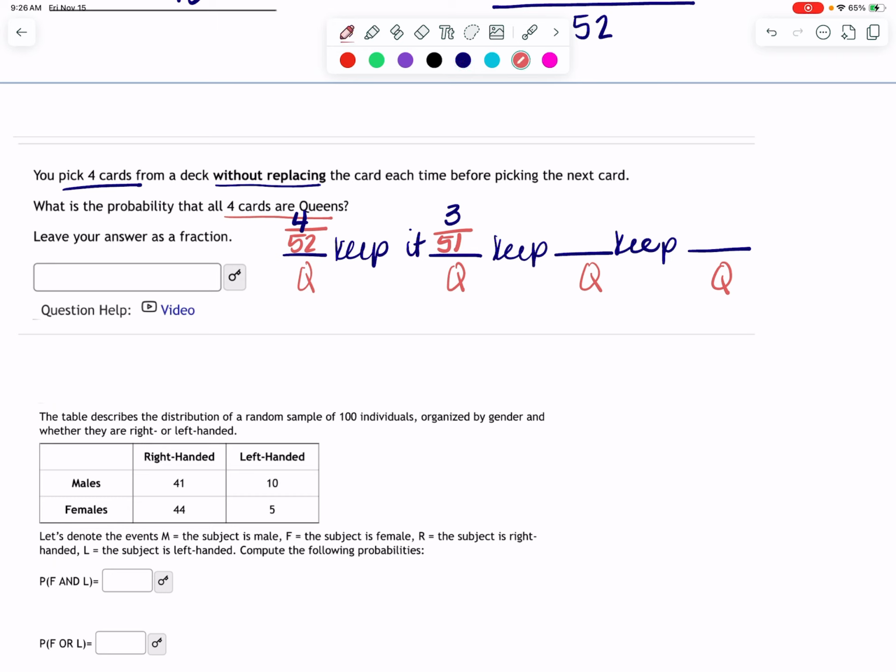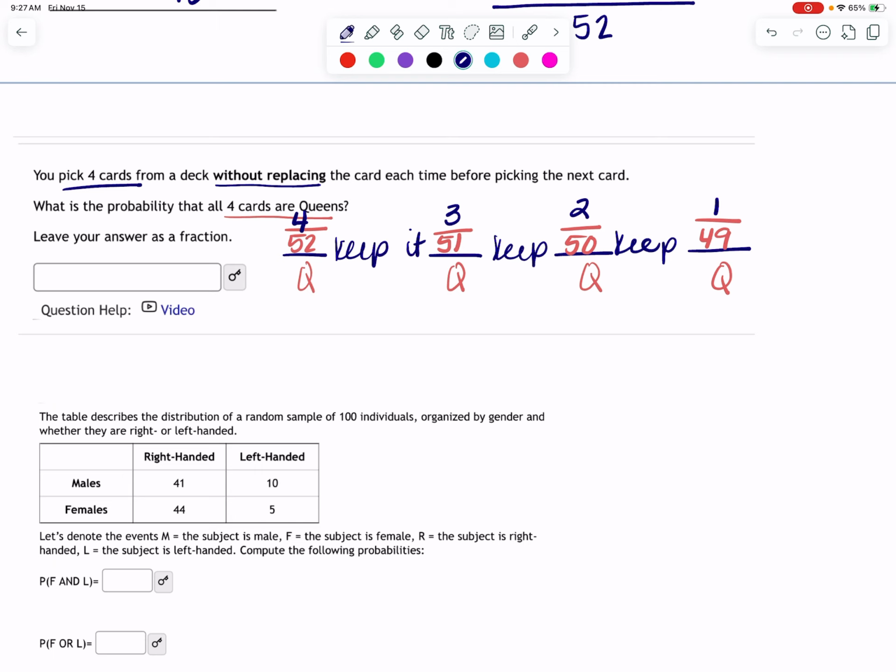So then we keep the next one. We only have 50 cards left and 2 queens. And then we have 49 cards and 1 queen. And we multiply.